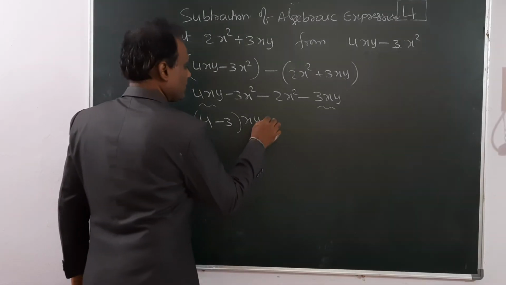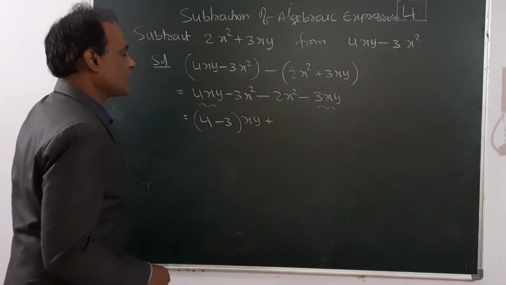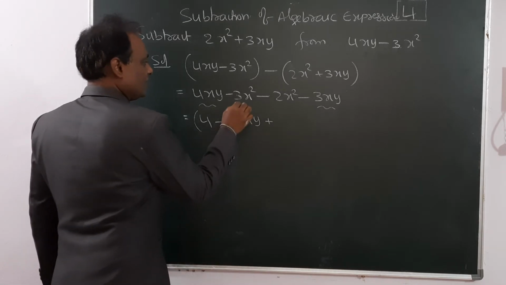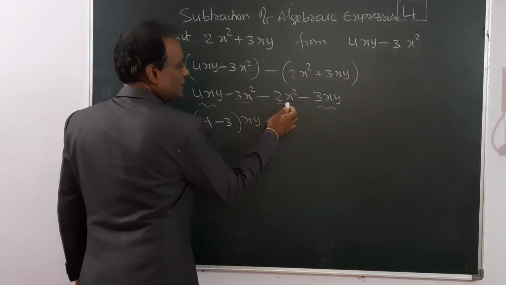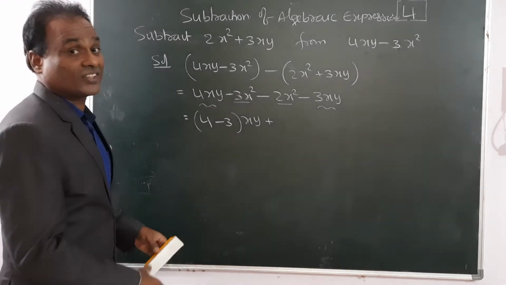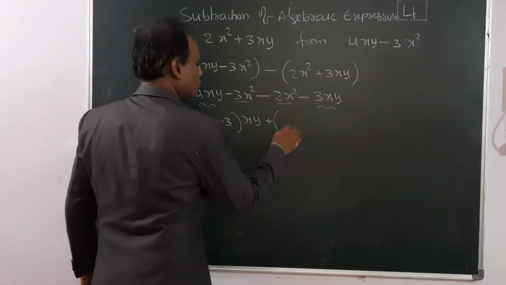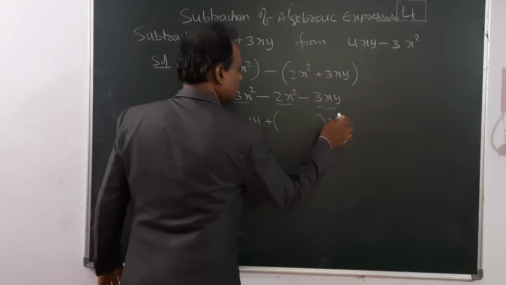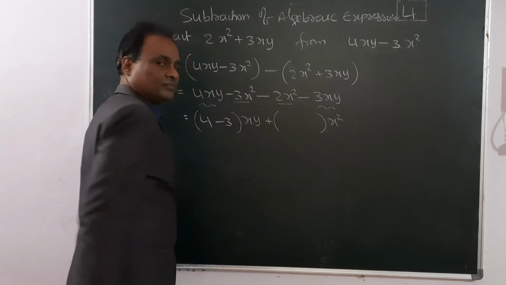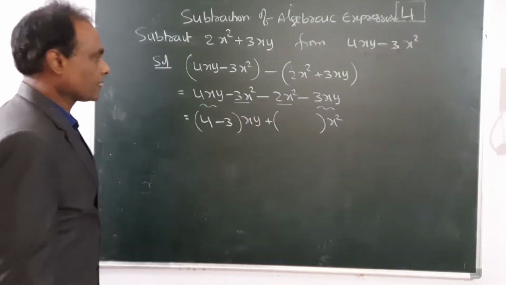Next, what is the other term? The x square term is there. These are like terms, so addition or subtraction is possible only for like terms. Take these two, x square common.